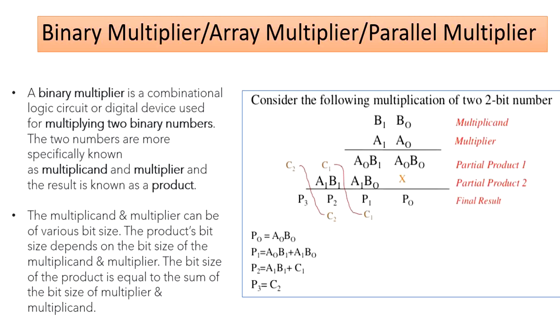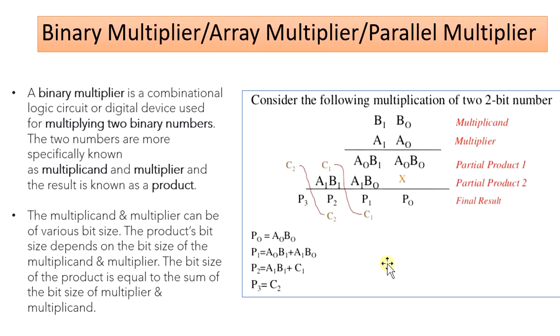But to add these partial products, we will need full adders, half adders. The schematic design of a digital multiplier will differ in size. That is because if you are going to multiply only 2-bit numbers, then you will require 4 AND gates to implement A0 B0, A0 B1, A1 B0 and A1 B1. Whereas for the summation, you would probably require only half adders.